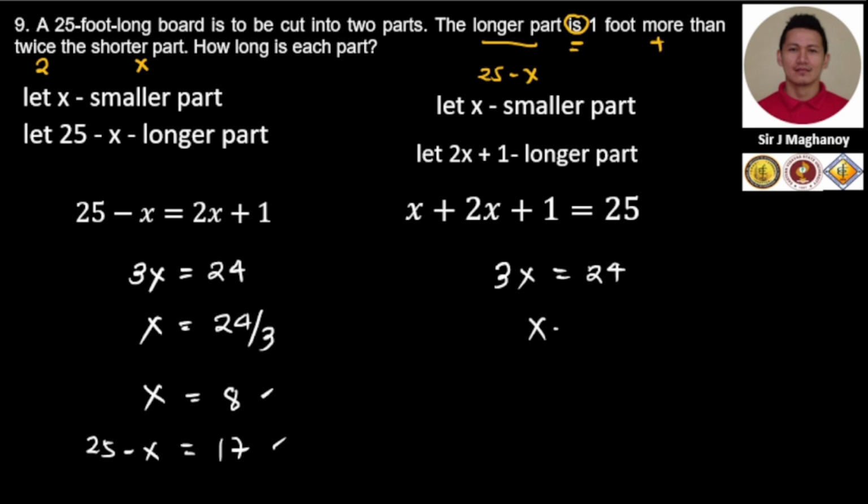Therefore, our x is equal to 24 over 3. Finally, our x is equal to 8. And the longer part, that is 2x plus 1, is equal to 2 times 8, that is 16, plus 1, that is 17. So the answer is the same, but in a different way to determine the equations.